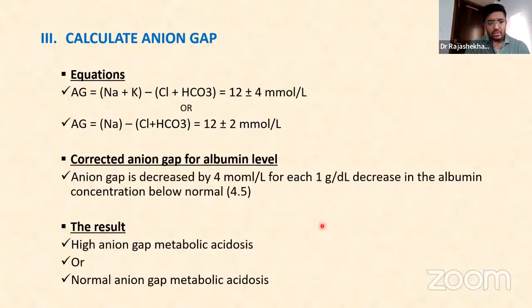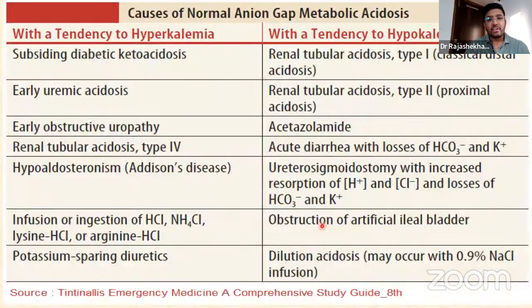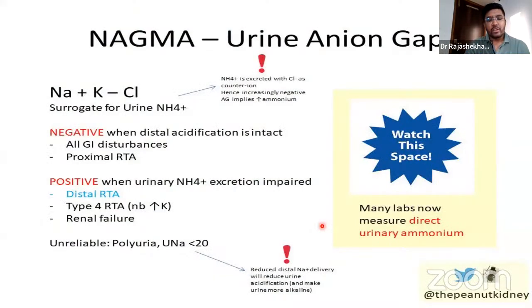In case of high anion gap metabolic acidosis, to know the differential diagnosis, we calculate the delta ratio to check for any coexisting disorder. In case of normal anion gap metabolic acidosis, to have further prediction, we usually calculate the urine anion gap.